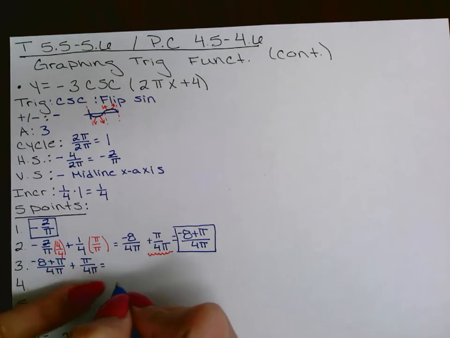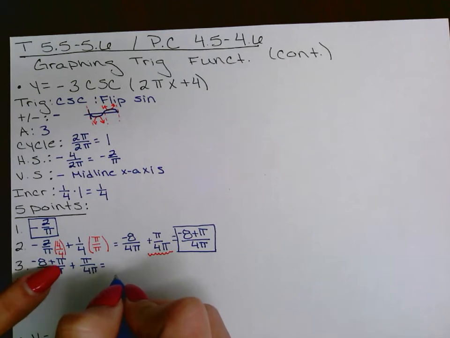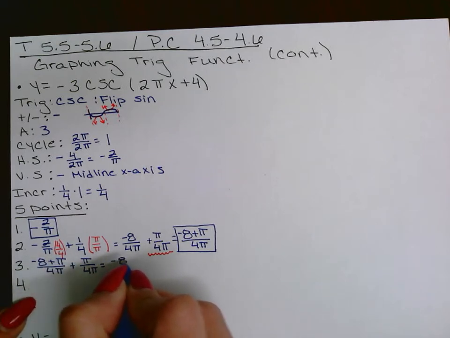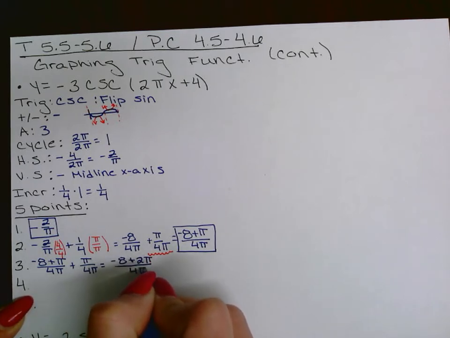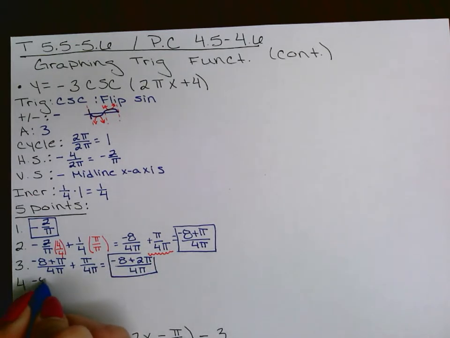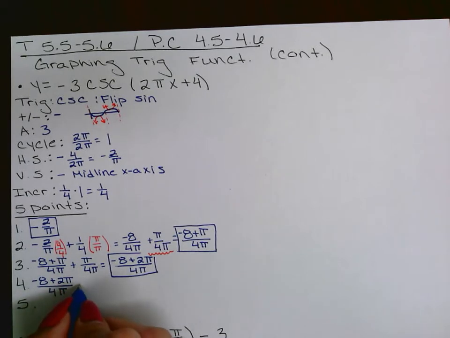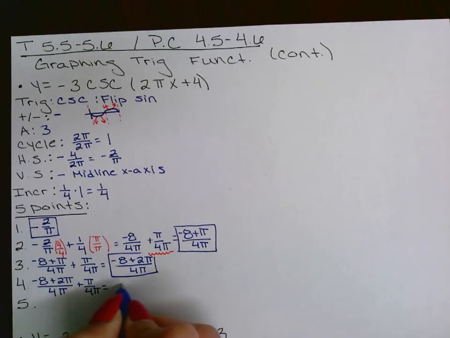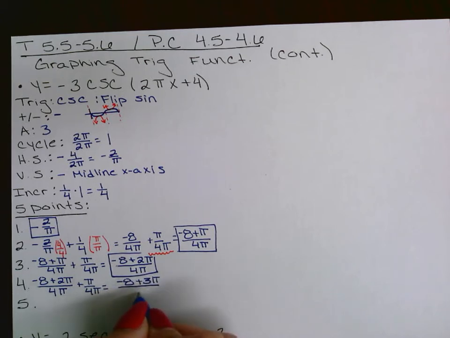So if I just look at the numerator, I have negative 8 plus pi, which gives me negative 8 plus 2 pi over 4 pi. Grab the previous answer, and hopefully you start to get an idea. What do you think the next answer is going to look like? Exactly. The numerator is going to have a negative 8 plus 3 pi. So just because it looks ugly does not mean it has to be a difficult problem.